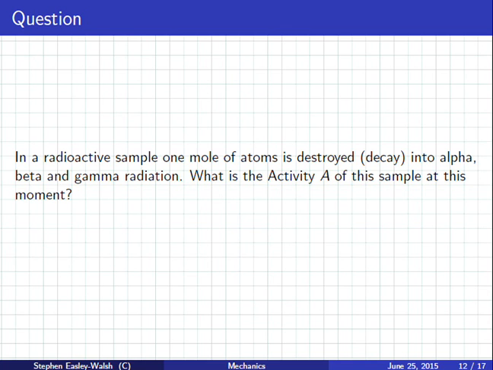So lambda equals 0.1. I would like you to tell me the A, and I give you the N. What is N here? 1 what? Mole. And how much is a mole? Yes, that's it. So I'll give you a minute. Give me the activity.